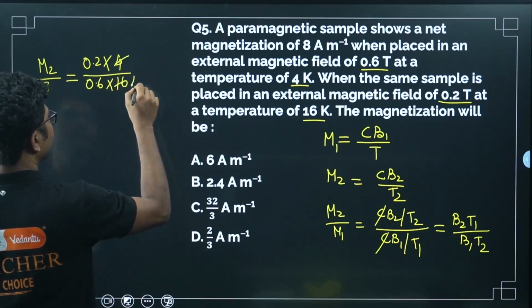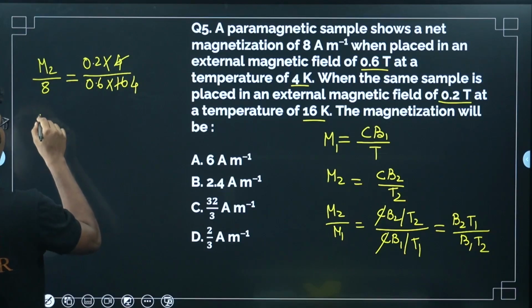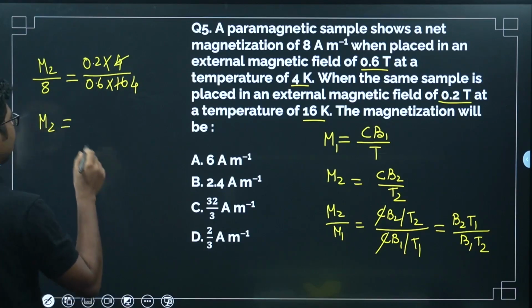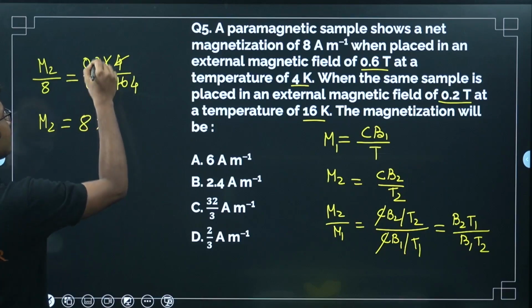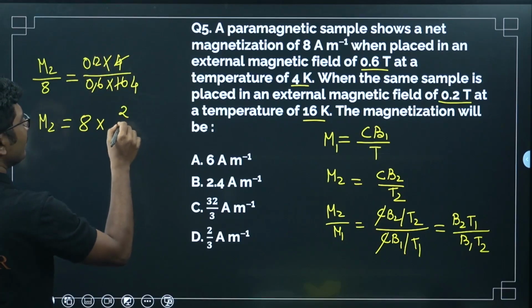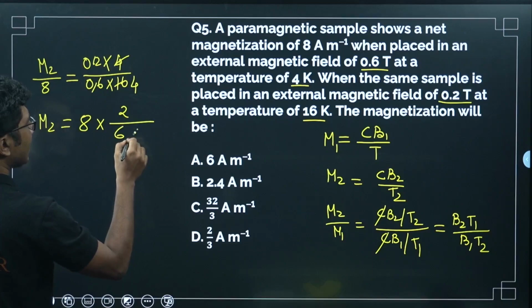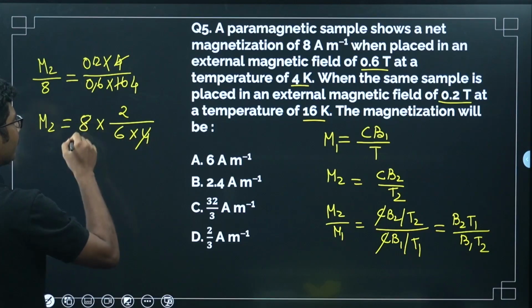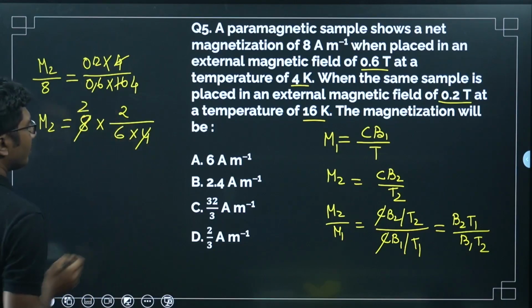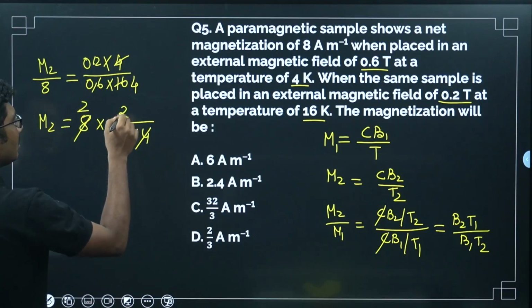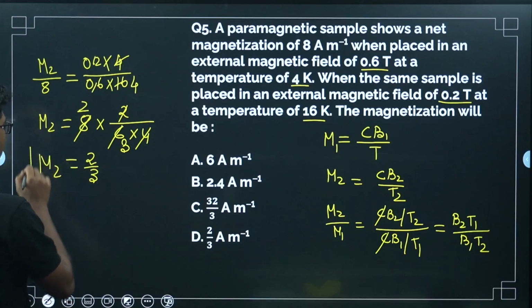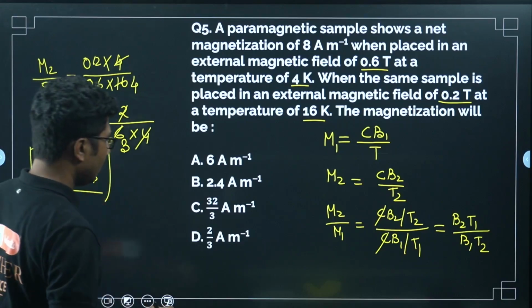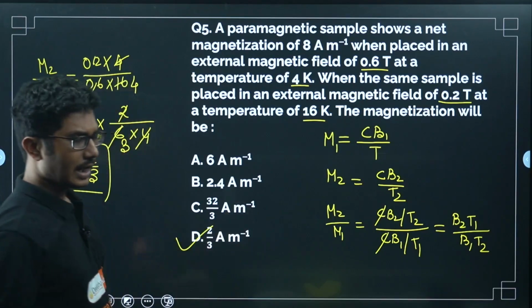So 4 4s are 16. Okay, now M2 will be, let's take this 8 on this side, 8 times, you can remove the decimals, so 2 divided by 6 times 4, 2 4s are 8, so it will be 2 by 3. So M2 is 2 by 3, right? So 2 by 3 is the correct answer.